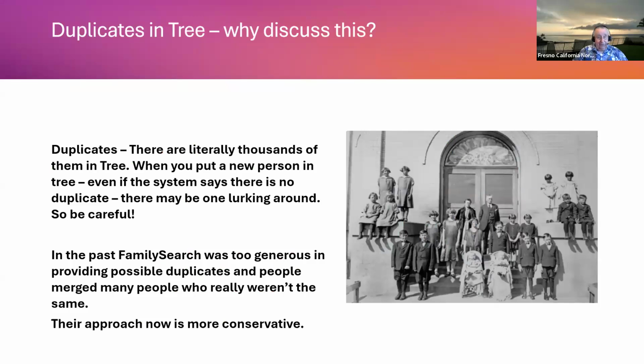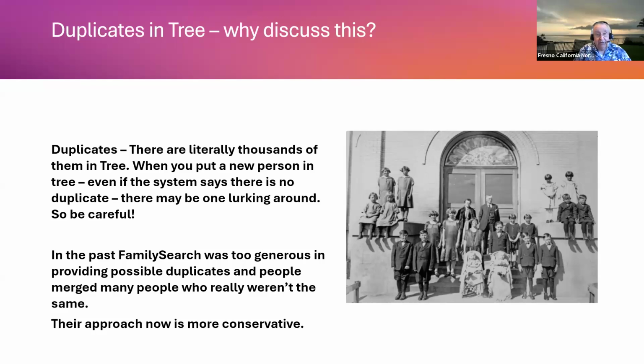Okay, duplicates. You know, there's thousands of them in Tree if you haven't already figured that out. I think we all have. And anytime you put a new person in the tree, even when the system says there's no duplicate, there's liable to be one lurking around, so be careful. In fact, FamilySearch used to be very generous in supplying us with suggestions for duplicates.